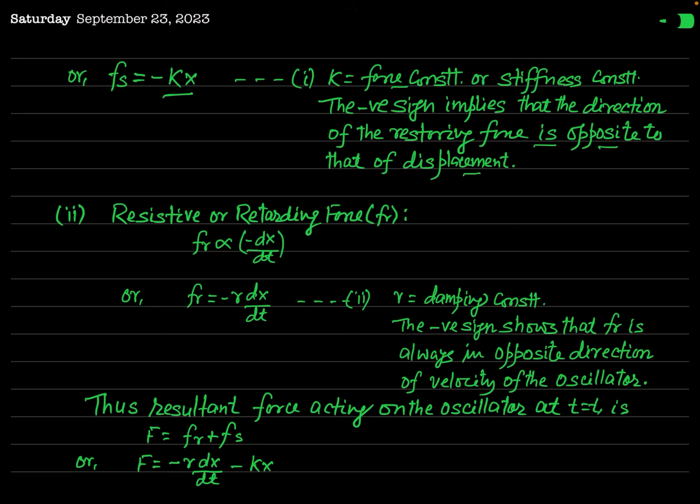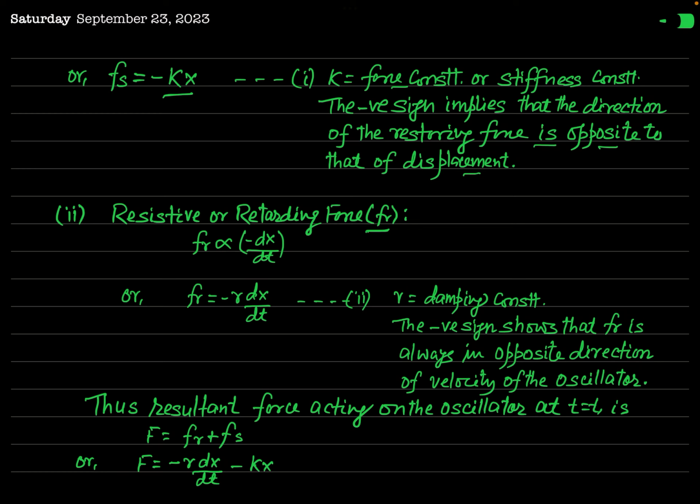Now, when the oscillator oscillates, you have also seen that in this case there will be a resistive force or retarding force acting on the oscillator. So the second force acting on our oscillator is called resistive force or retarding force, and I have denoted it by the symbol Fr. You know, a resistive force is simply force of friction, and force of friction always opposes the relative motion. So this force will have a tendency to oppose the relative velocity of the oscillator.